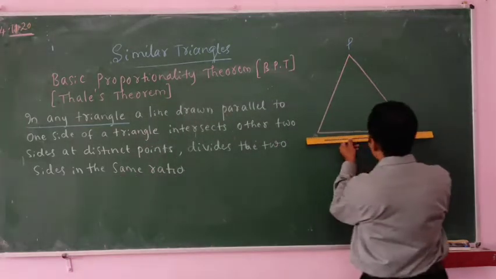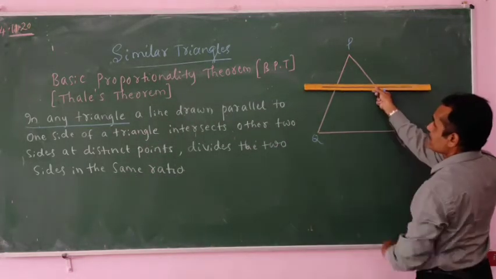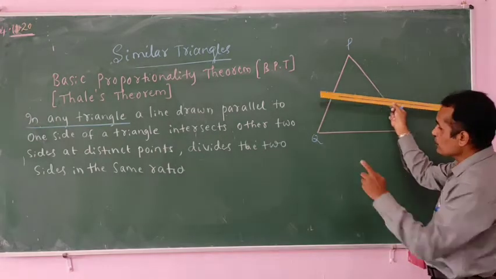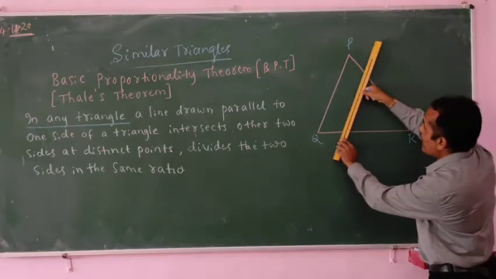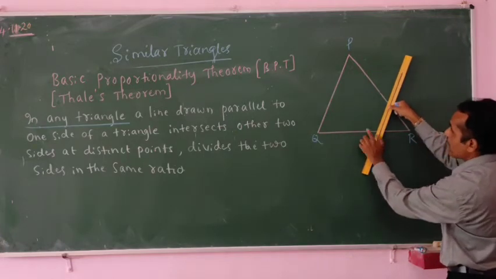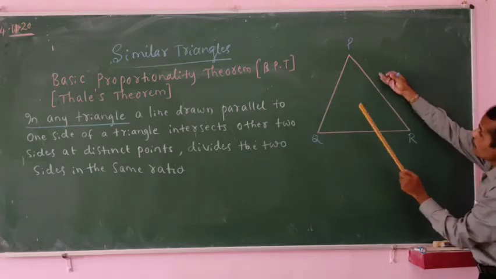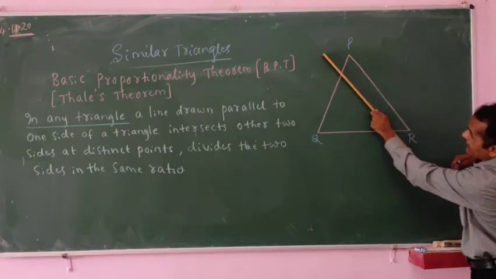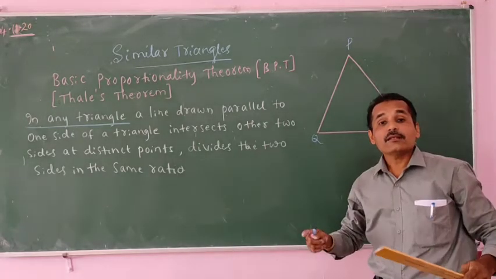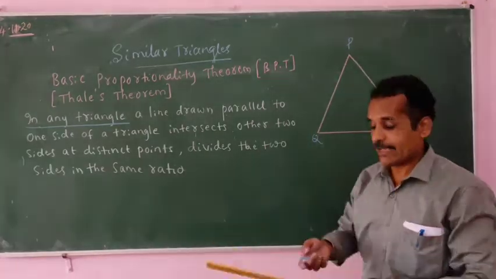For this side, I can draw a parallel here, or here, anywhere. Or for this side, I can draw a parallel here or here. Parallel to any one side of a triangle.